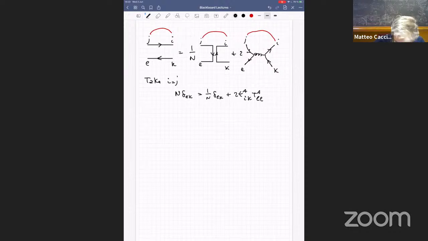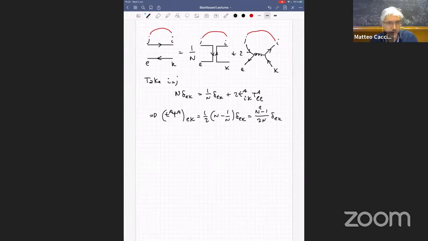Therefore, you can rewrite it as ta ta lk equals 1/2 (N minus 1 over N) delta lk, and so eventually (N squared minus 1) over 2N delta lk.